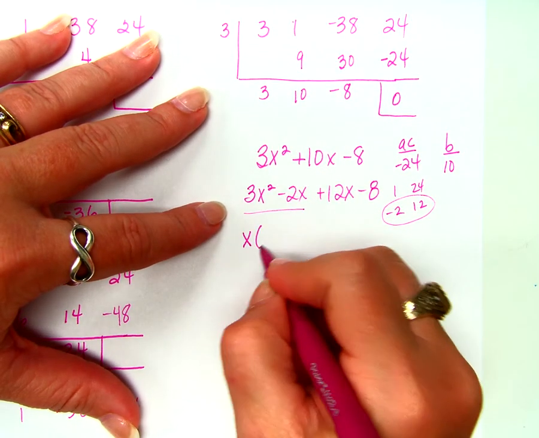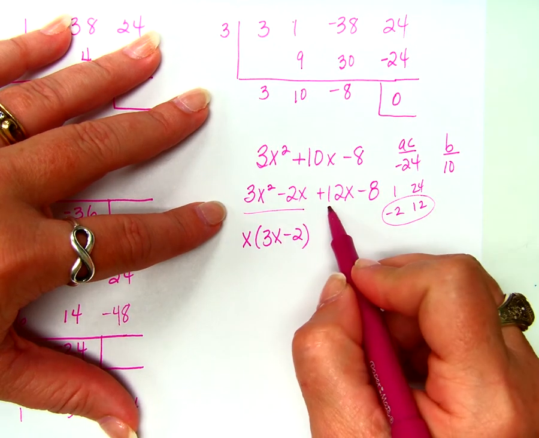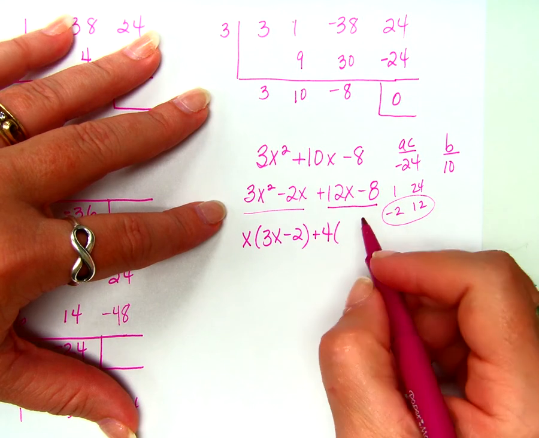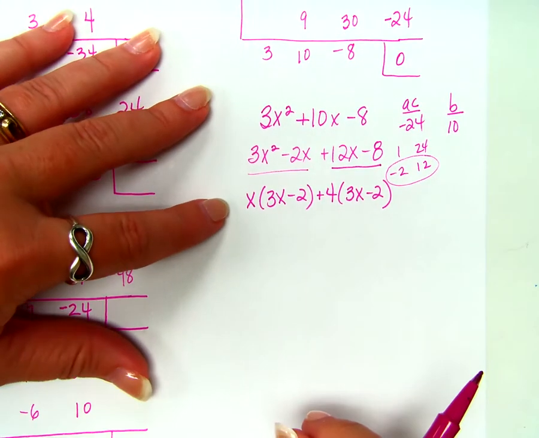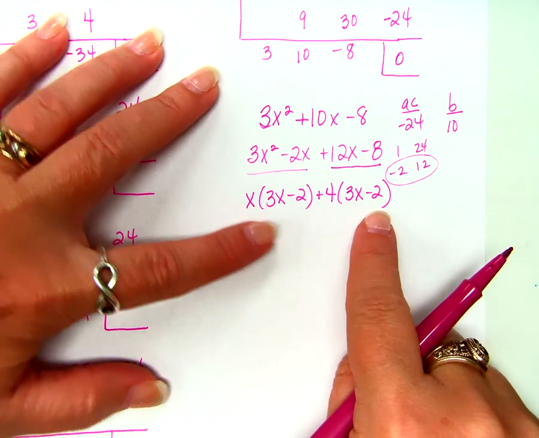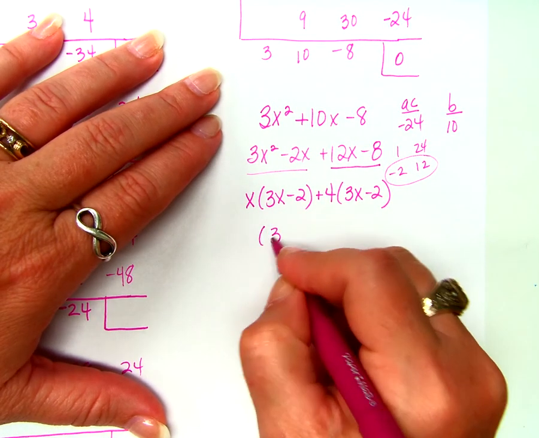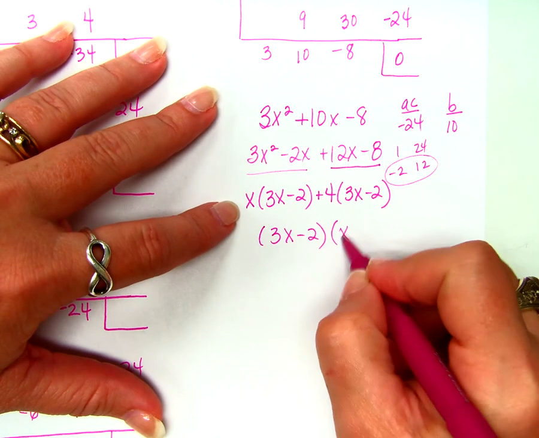So x, 3x minus 2, 4. 3x minus 2. Do these two terms have a common factor? What is it? 3x minus 2. And what's left over? X plus 4.